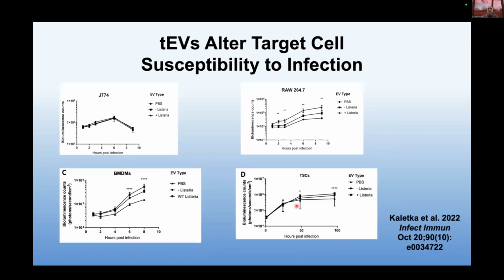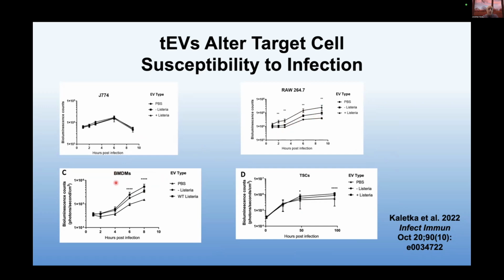It also alters their target cell susceptibility to Listeria. So here are the J774 cells, where you see no change when you treat them with any of the EVs. That's a permissive cell for Listeria infection. But to our surprise, we got an increase in susceptibility of RAW cells when we treated with EVs from infected TSCs, not so much from uninfected.